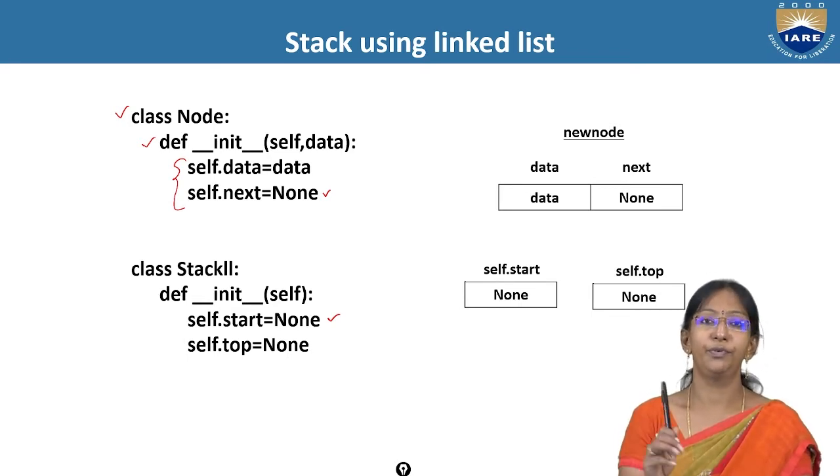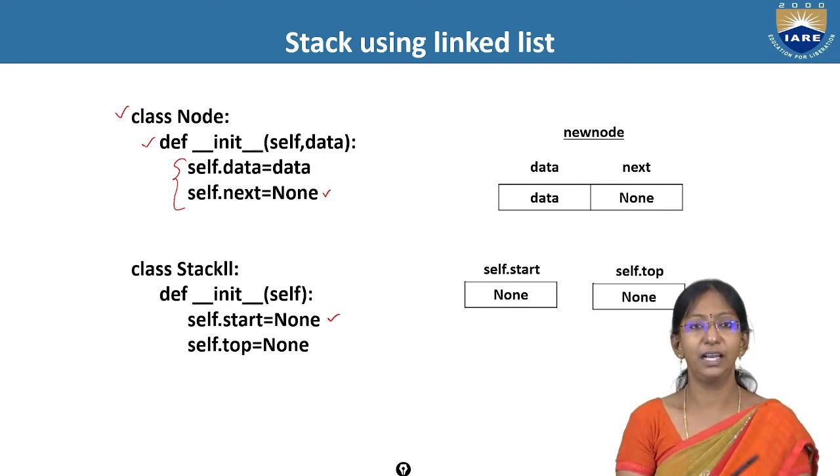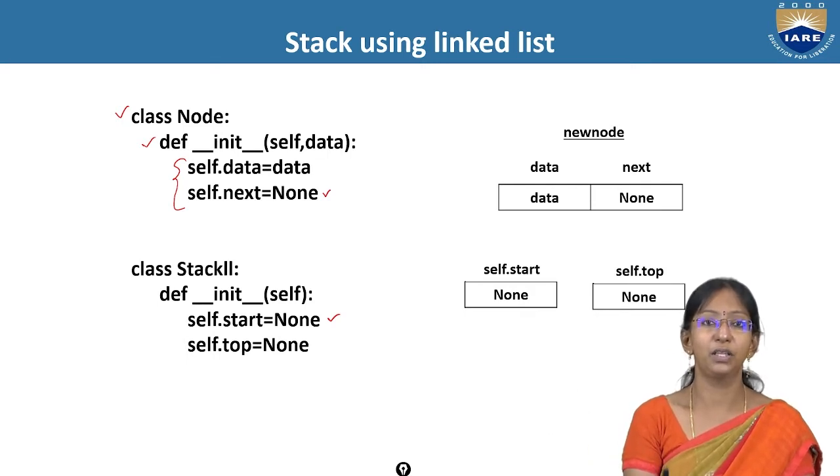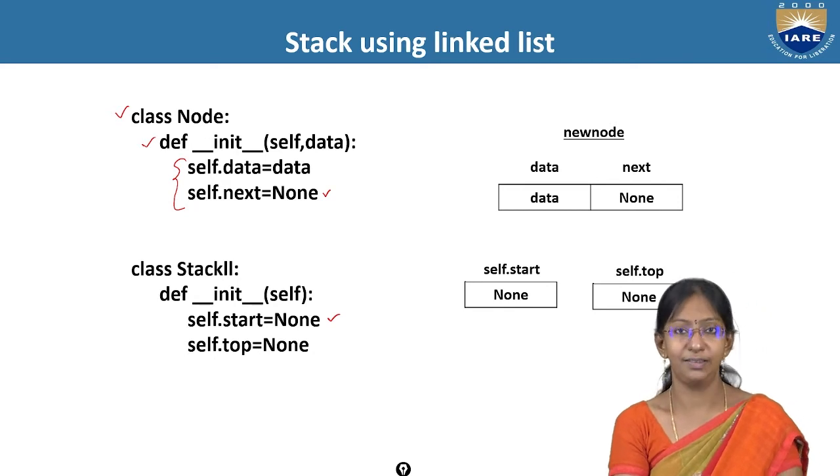So if you want to perform an insertion, deletion, search, traversal, any operation, you have to start with the first node, and the first node's address is stored in start.